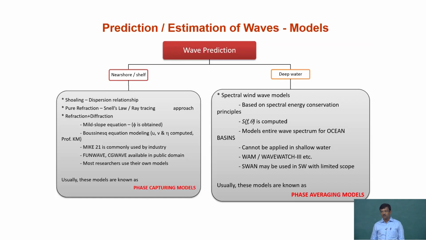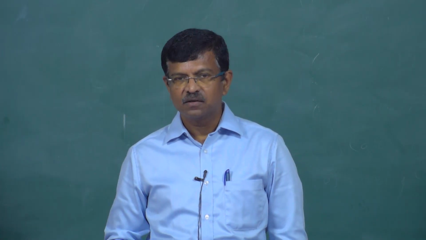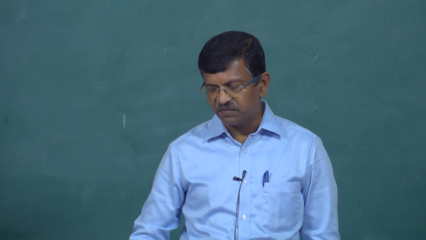Phase averaging model is where we are more interested in the energy transport from one point to another point, where the influence of the bottom is much less, or even if the influence is much more, we require it in terms of the average energy concentration, that means average of one wavelength at least. So, that is what on the right hand side is called the phase averaging model.